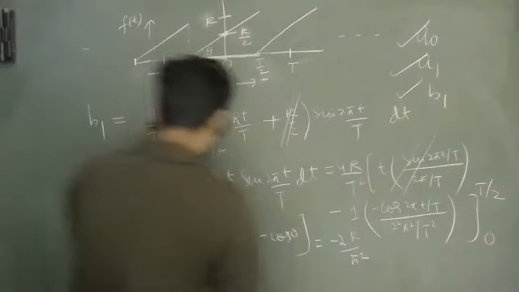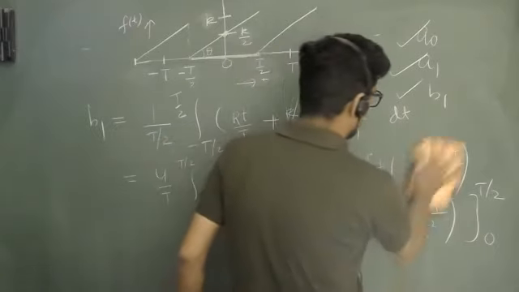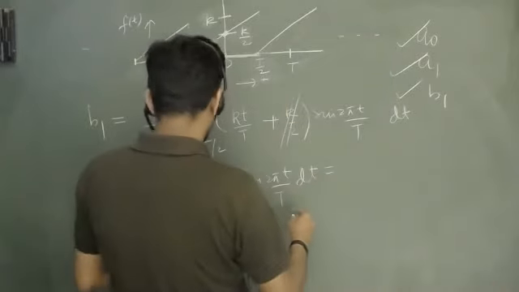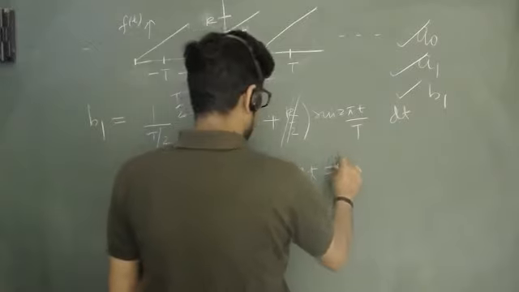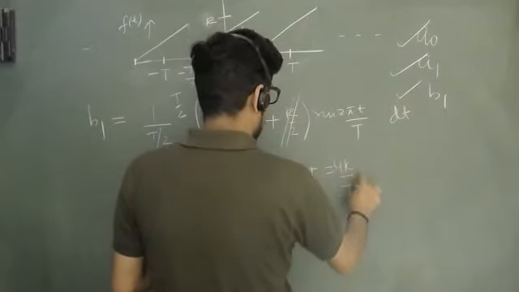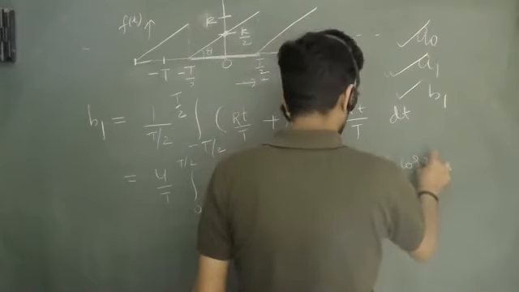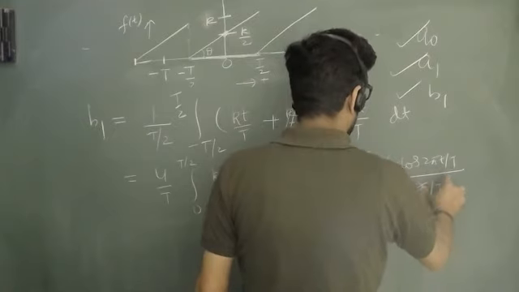Sorry. ये तो बहुत ही, तुम लोगों ने तभी बोलना चाहिए था फटाफट. Sorry. So it is actually 4k by t square. First term integration of second, it will be minus cos 2 pi t by t by 2 pi by t, right?